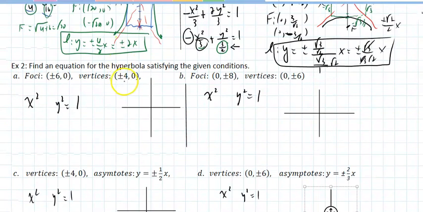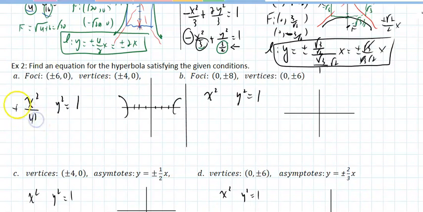So the vertices are at 4, 0. Right? Then that's not 4 1, that's 4 squared. And the foci are at 6, 0.